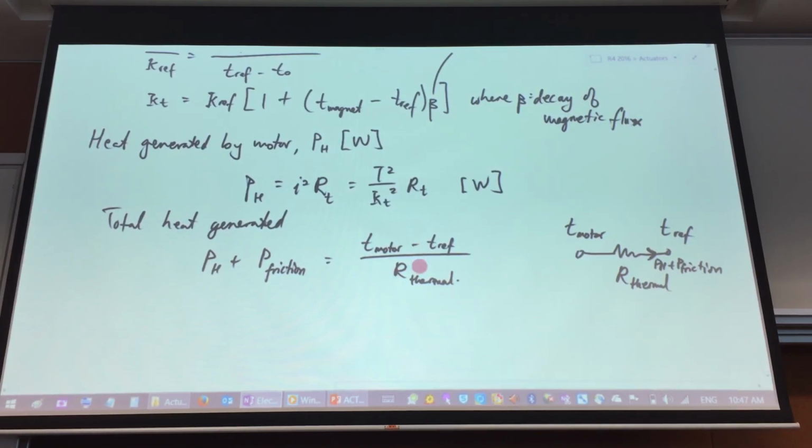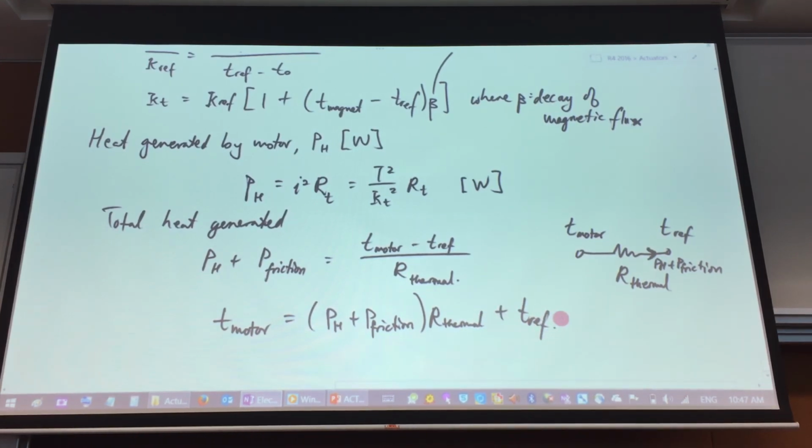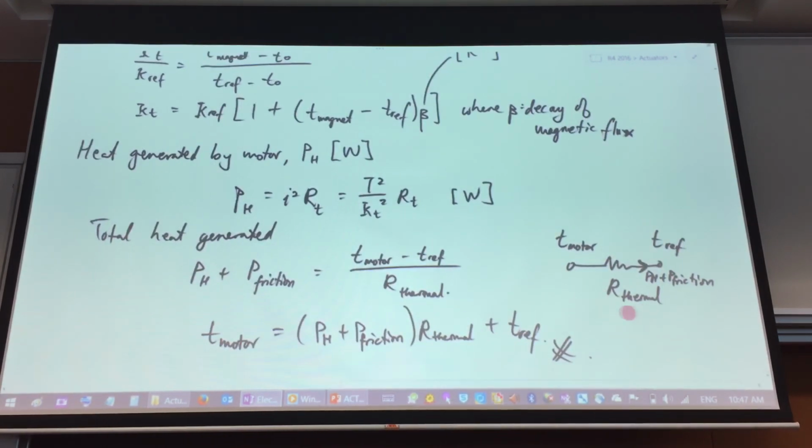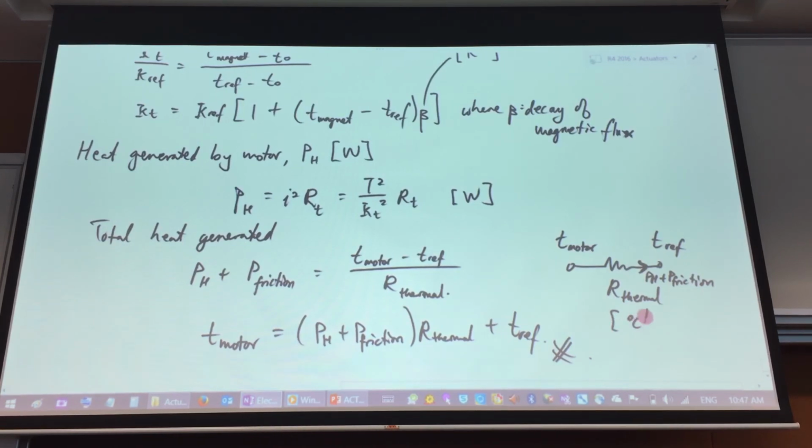So I can re-express this expression as T motor equal to PH plus P friction, times R thermal, plus T rad. Now the units for R thermal is actually degrees Celsius per watt or Kelvin per watt. Either one, they are interchangeable.